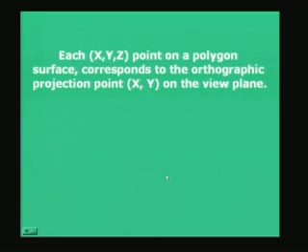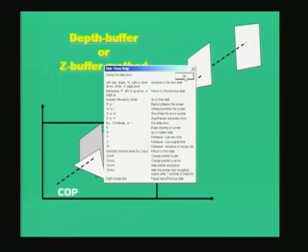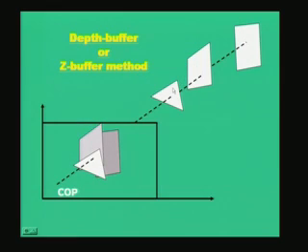So, we will say that each XYZ point on a polygon surface corresponds to an orthographic projection point XY on the view plane. That is what we have seen. If you take any XYZ point on a polygon, that corresponds to a particular point XY on this projection plane. That is true for any of these.